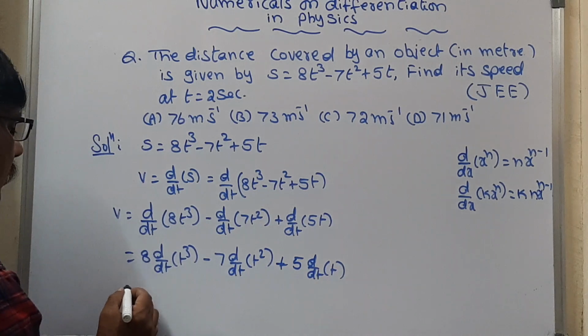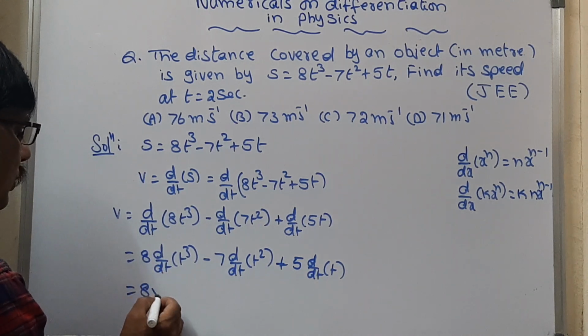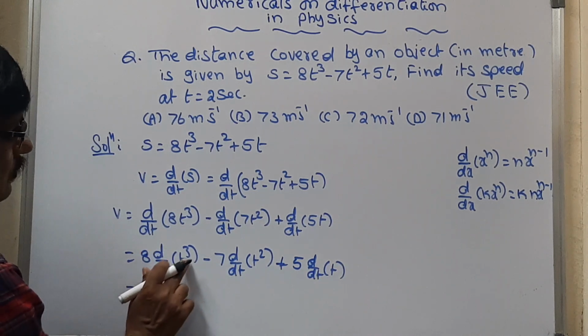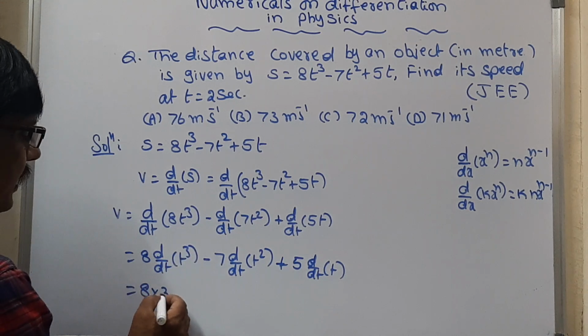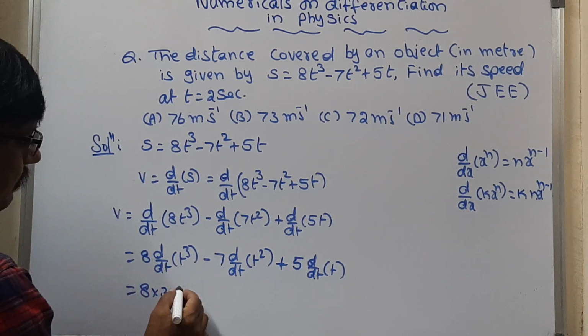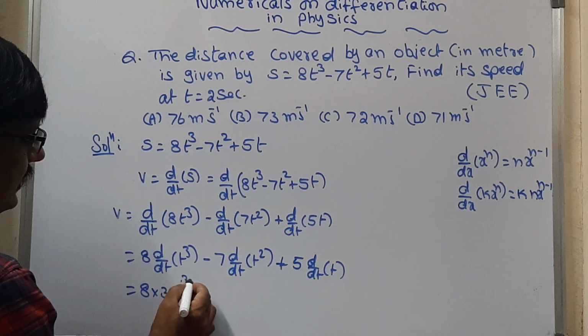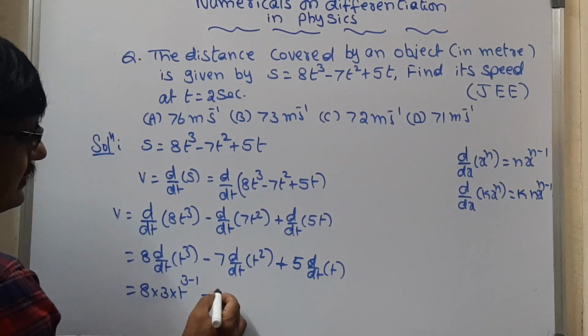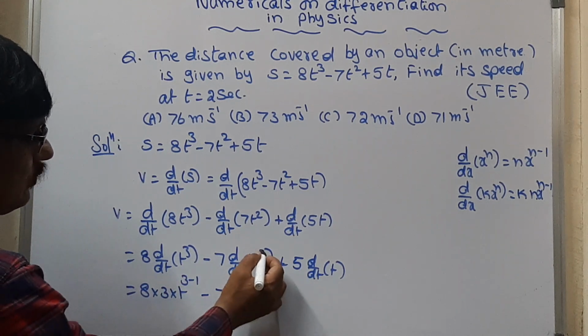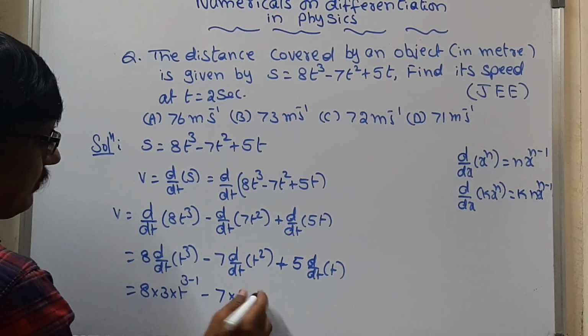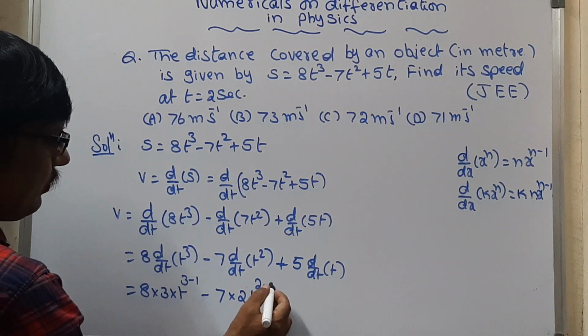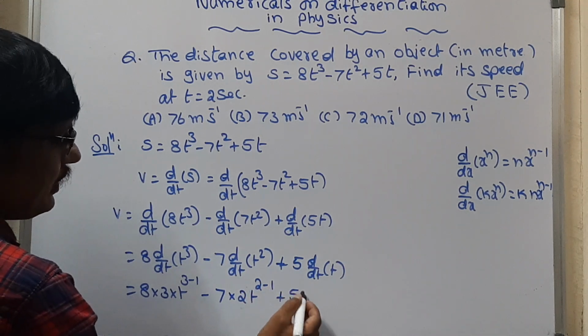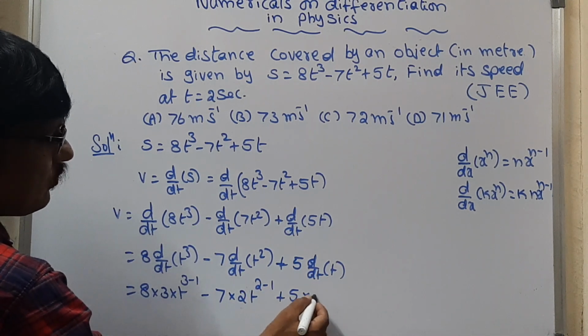Here now let us see, 8 into d by dt of t power n, so 3 into t power 3 minus 1, minus 7 into 2 into t power 2 minus 1, plus 5 into dt by dt, in sense 1 we can write.